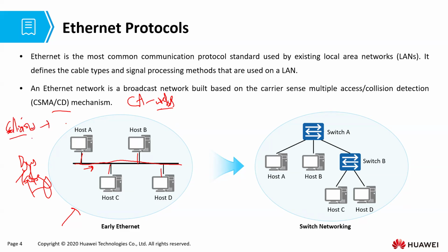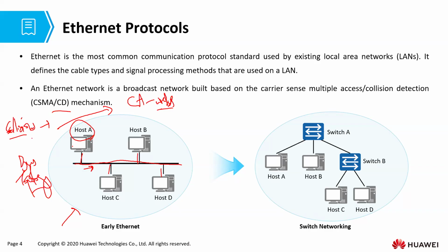So this led to the introduction of the collision detection algorithm, which was to avoid more collisions. Every time a host is trying to use the medium, it will send a message to the shared medium, basically saying, I need to access the medium, to check if there is anyone else, any other host, making use of the medium.